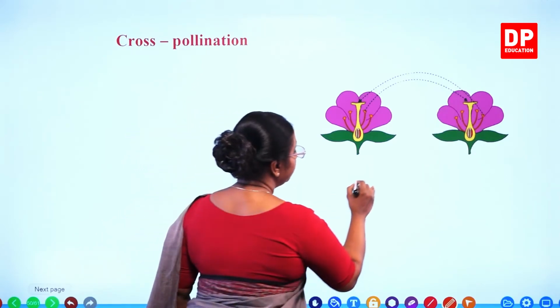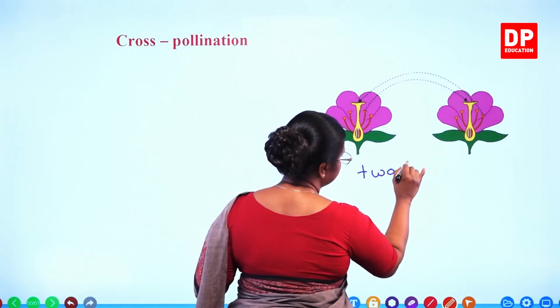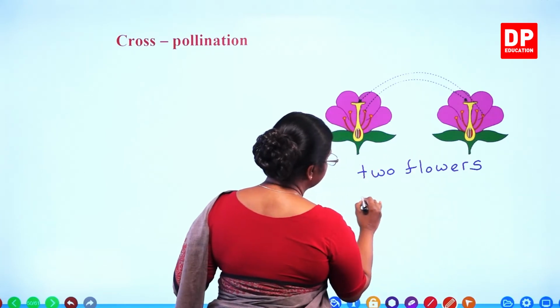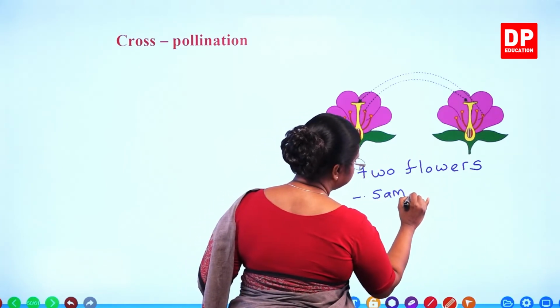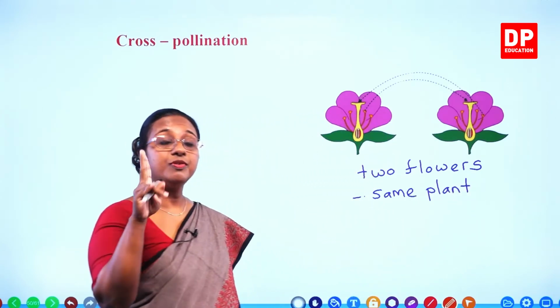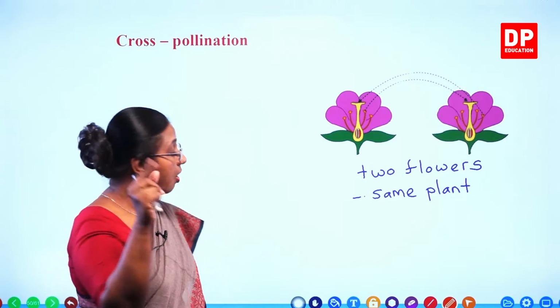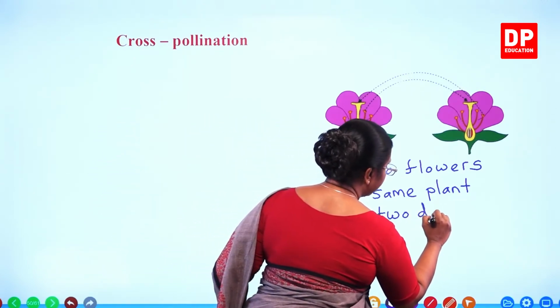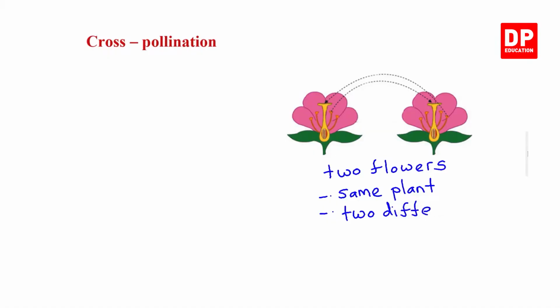Now here we need two flowers. These two flowers can be in the same plant. It can be two flowers of the same plant, or else it can be in two different plants of the same species.